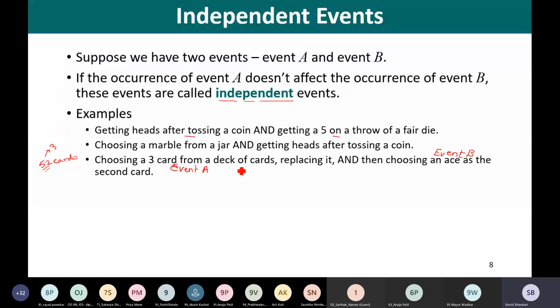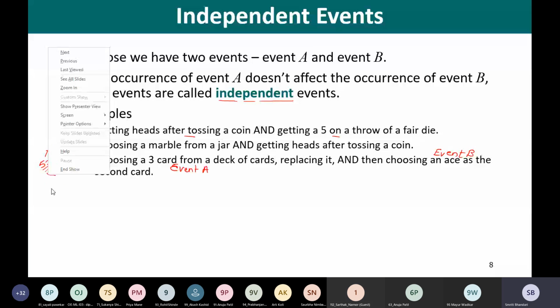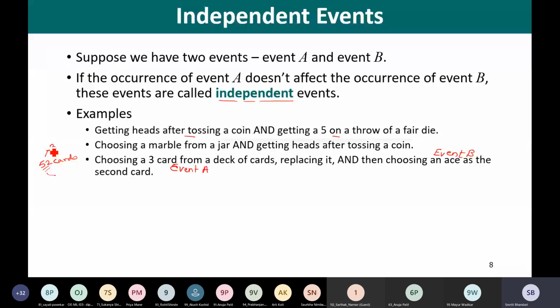So what is my event? Choosing a 3 card from 52 cards. Is that correct? Now I'm replacing that card. I have selected one card initially and now I'm replacing that card in my deck. So once again, my deck has 52 cards. I have not removed any card from my deck.